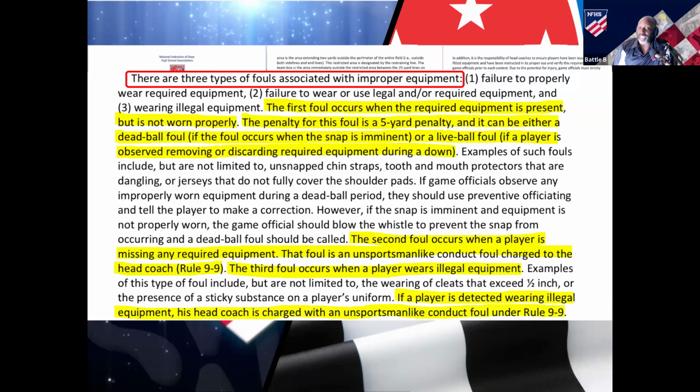If a player is detected wearing illegal equipment, the head coach is charged with unsportsmanlike conduct, Rule 9.9. So it's a 5-yard foul penalty if you don't have your mouthpiece in your mouth. It's a 15-yard penalty if you're missing pads, and a 15-yard penalty when wearing illegal equipment.